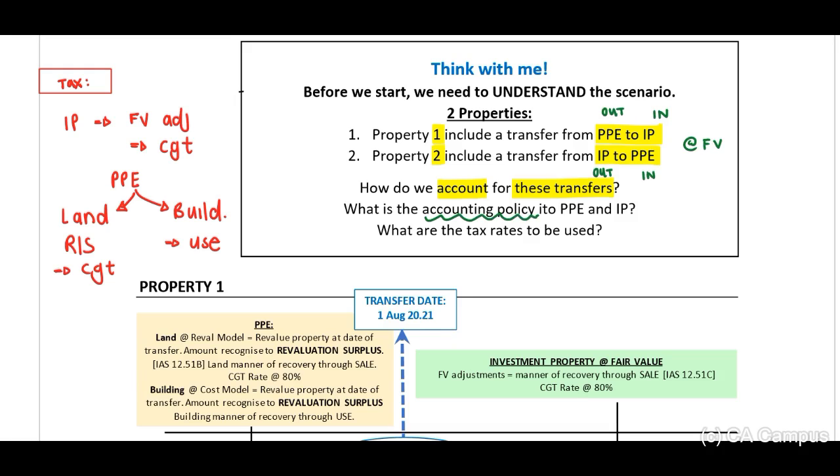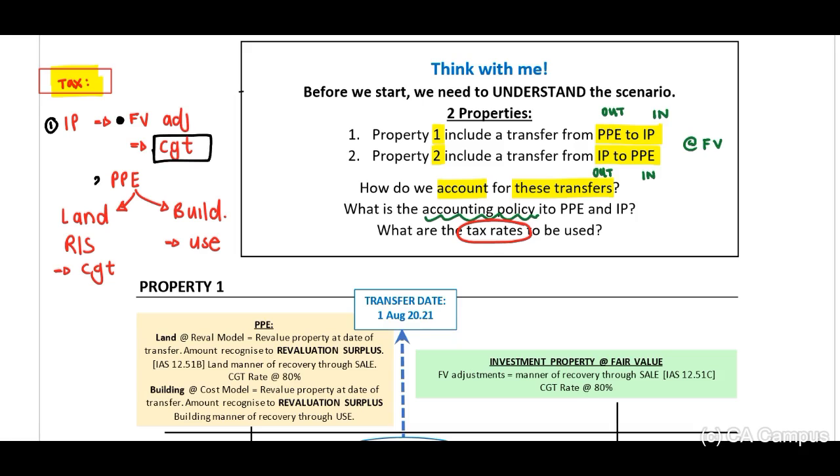Therefore, what are the accounting policies? You need to ensure that you understand what you need to do when we apply our fair value model. Then, what are the tax rates? Guys, this is important. Ensure that you understand. And remember your IAS 12 principles. Therefore, when you look at the left side, just a brief summary. If we look at our investment property, if it's at fair value model, our fair value adjustments will be taxed based on our CGT rate.